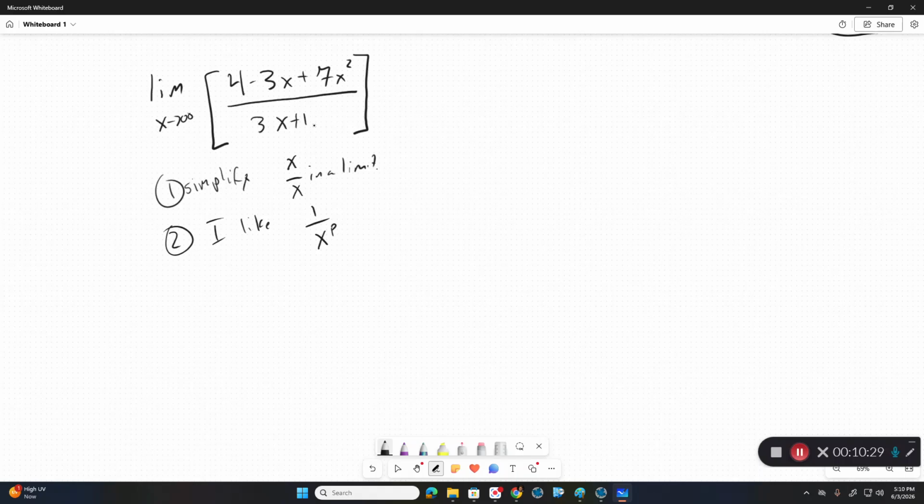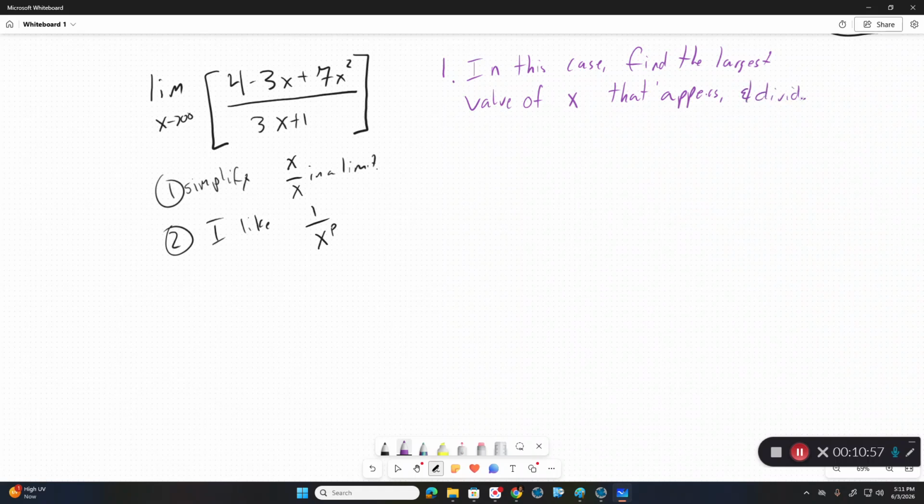So the most important thing that we're going to be able to do, let me write this in a different color once again. Number 1. In this case, find the largest value of x that appears and divide it out.